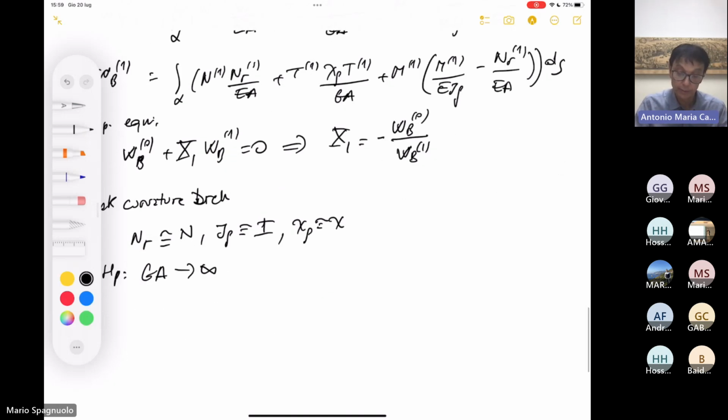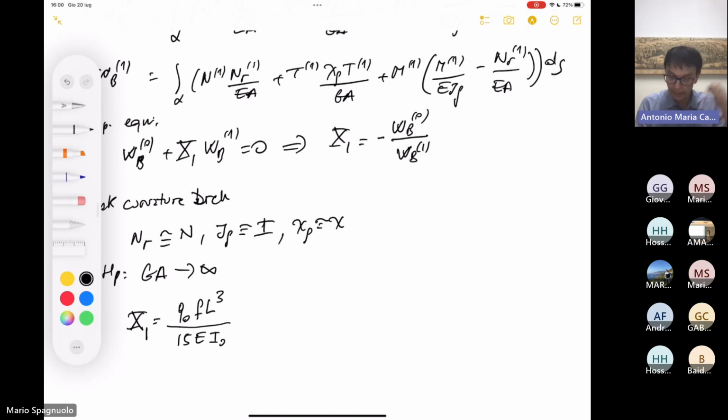So in this assumption, I will give you the final result. X1 is equal to this value, Q0 L to the third power over 15 E I0.